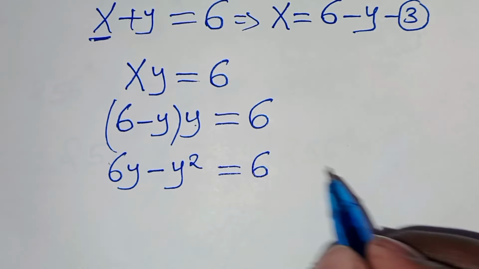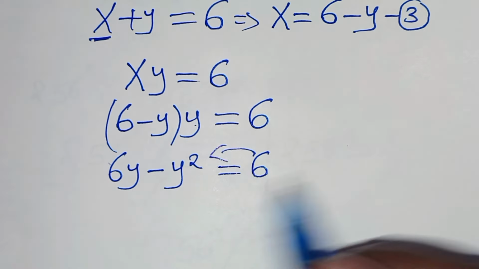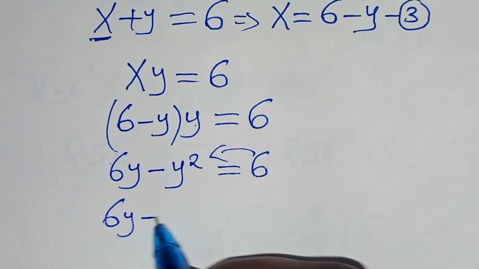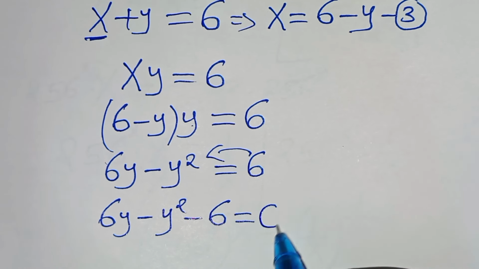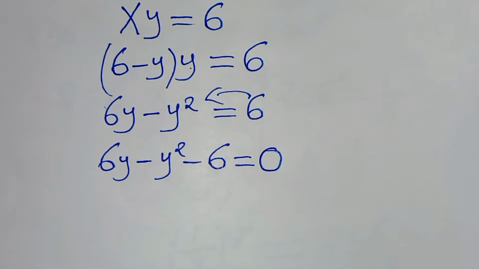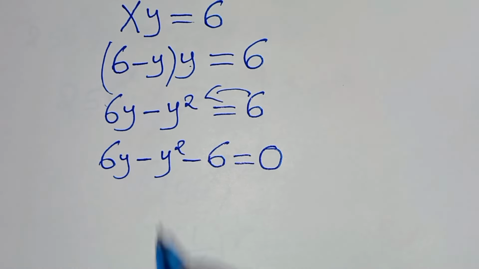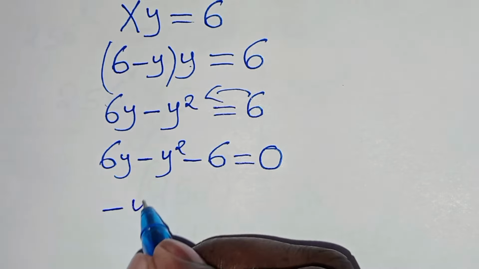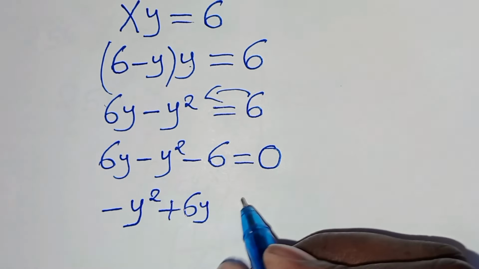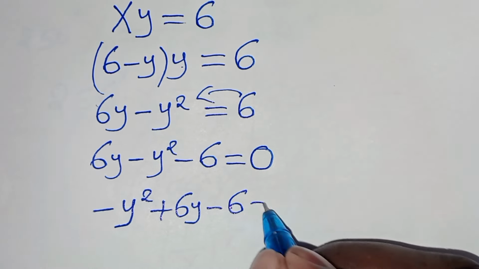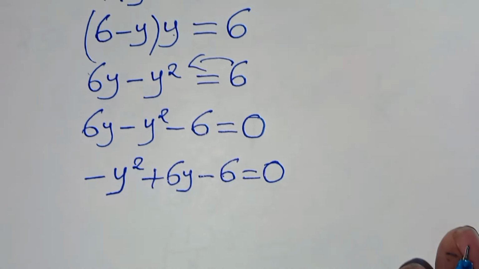The next step from here, let's take 6 to the left hand side, so that we have 6y minus y squared minus 6, this is equal to 0. Now, let's rearrange this equation so that we have minus y squared plus 6y, then subtract 6, this is equal to 0.